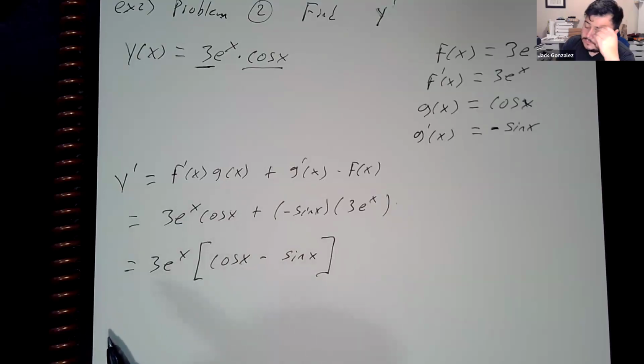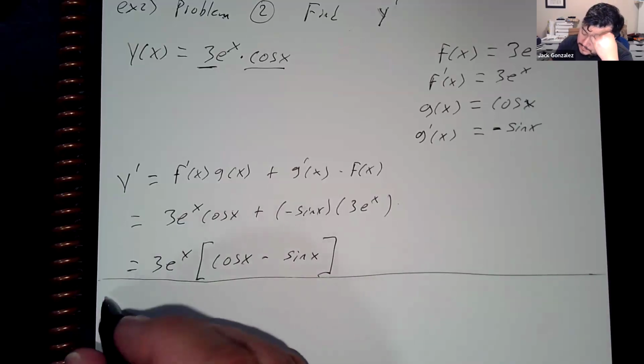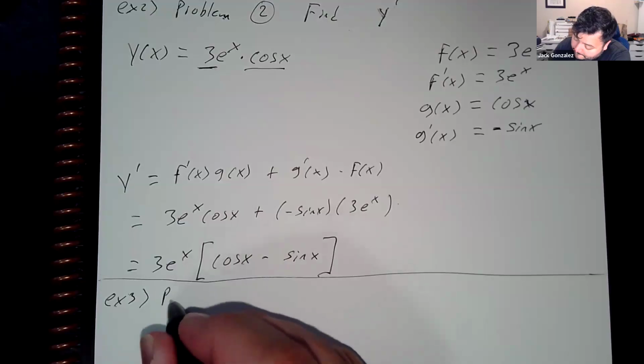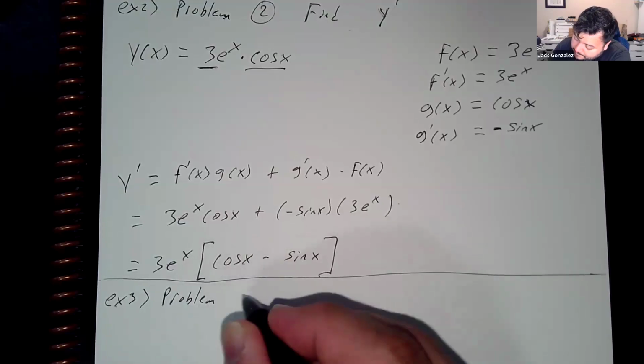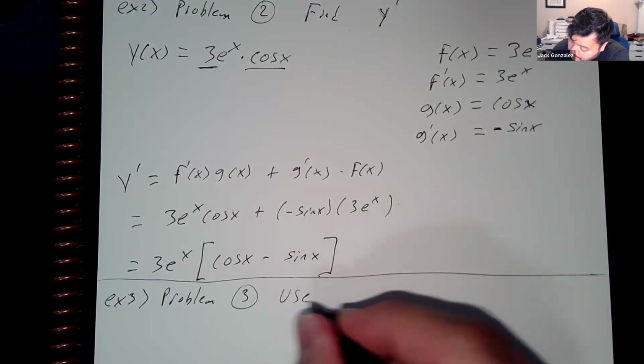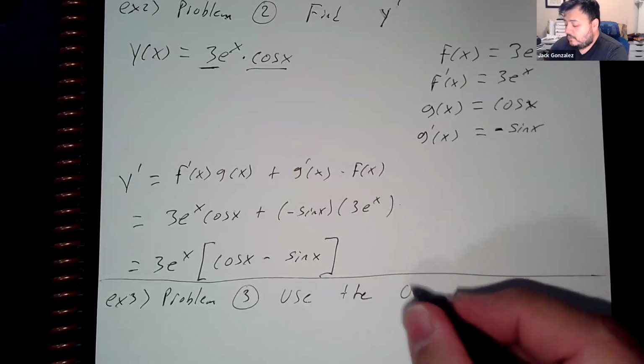All right, let's move on to the quotient rule. So that was a product. Quotient rule is a little more annoying, but it's not too bad. Use the quotient rule.